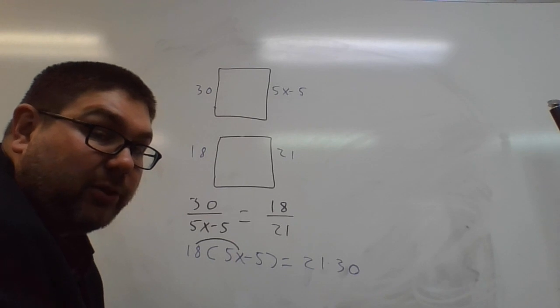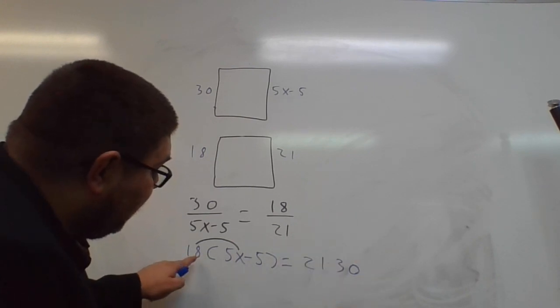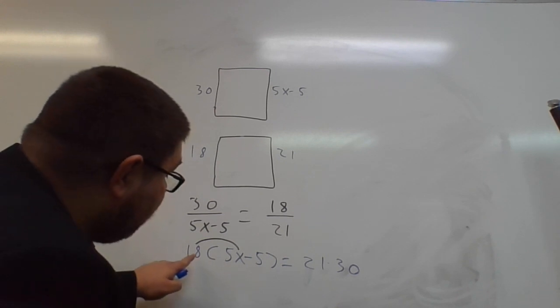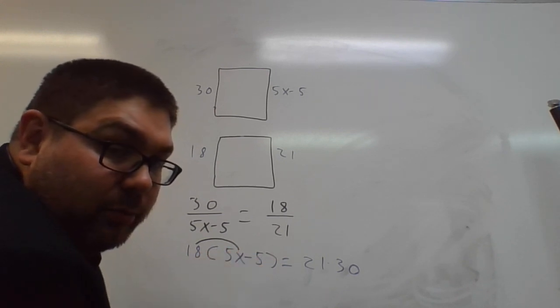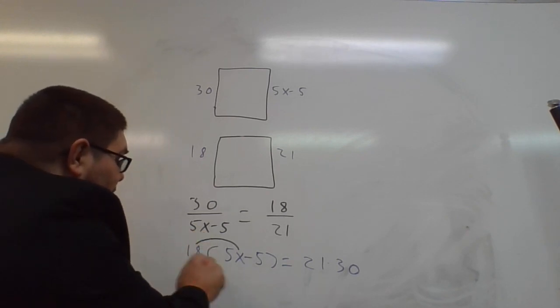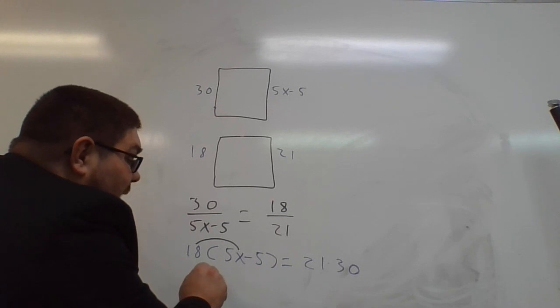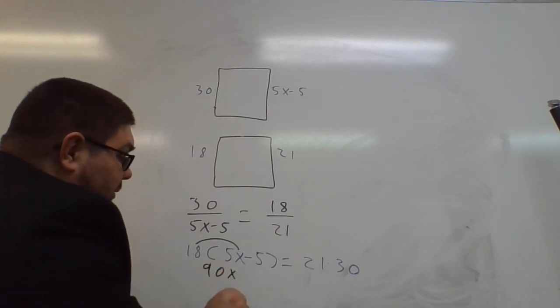Just a quick note on the distributive property. Anytime we're doing distributive property, we're going to do the number outside parentheses times each term inside parentheses, no matter how many terms. So I'm going to do 18 times 5x. 18 times 5x is 90x.